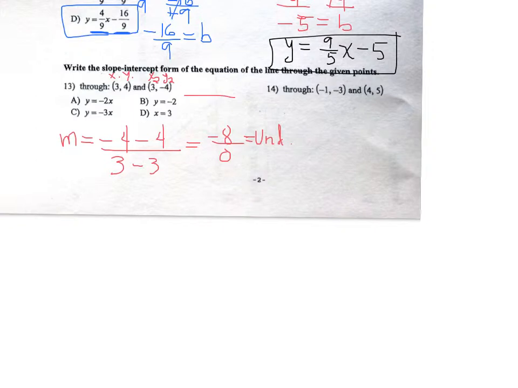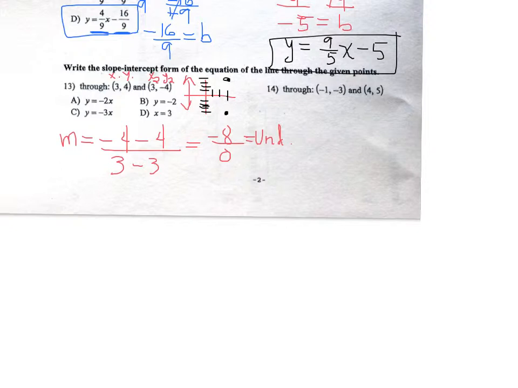Well, remember when I said that the vertical lines have a slope that is undefined? So therefore, I don't know if you noticed, but if I plot those points, the point 3, negative 4 would be down here, and 3, 4 would be up here.